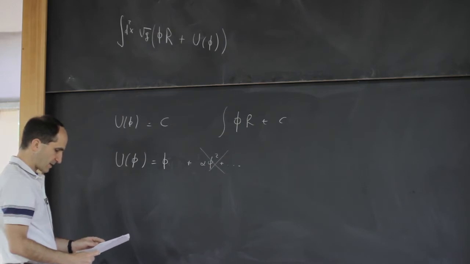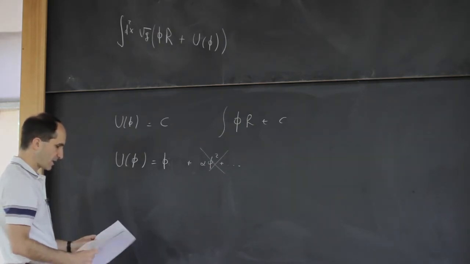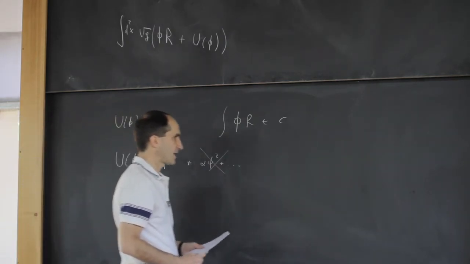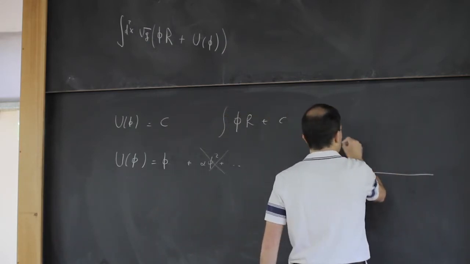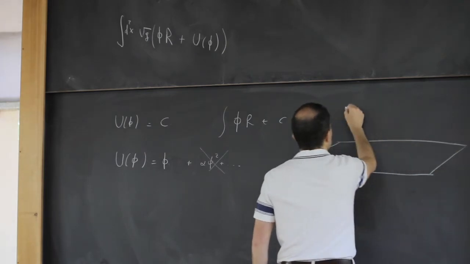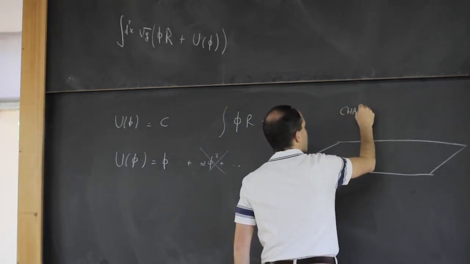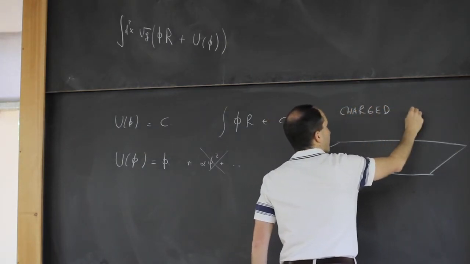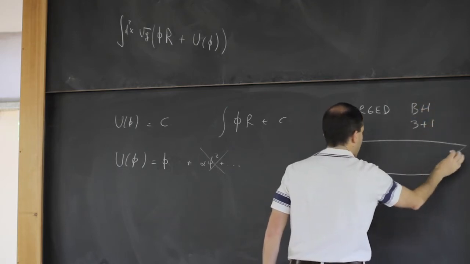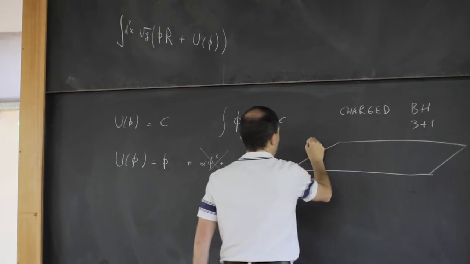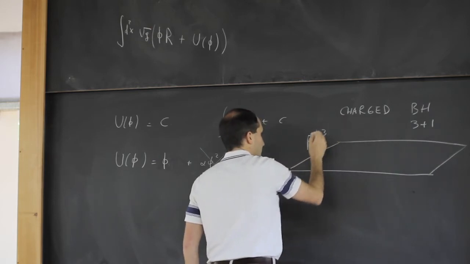Now, why is it reasonable to ignore those terms? Well, let's see how this type of problem arises if we come from higher dimensions. So imagine that we have a charged black hole in, let's say, 3 + 1 dimensions. So far away, we have R^{1,3}, okay?